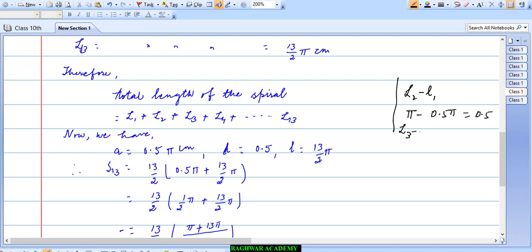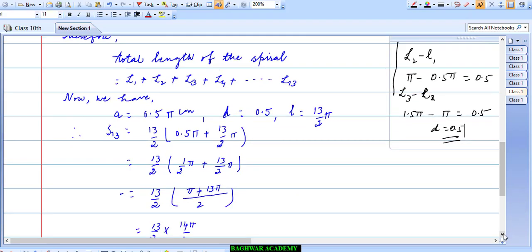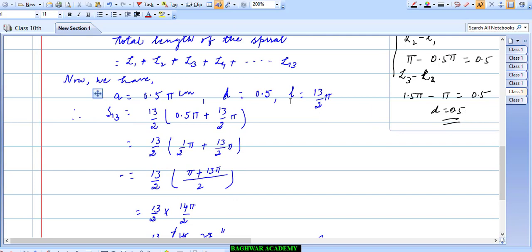Or L3 minus L2, that is 1.5 pi minus 1 pi, again 0.5. So D is equal to 0.5, although it is not required here.